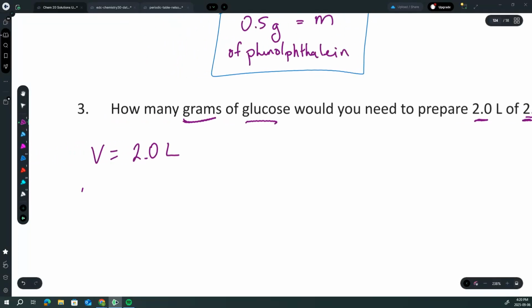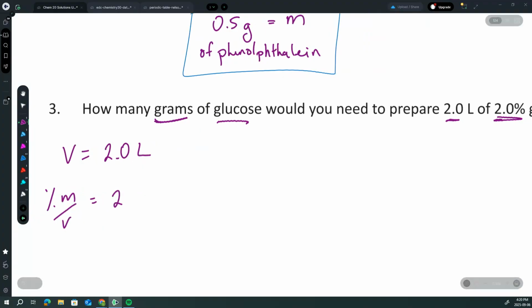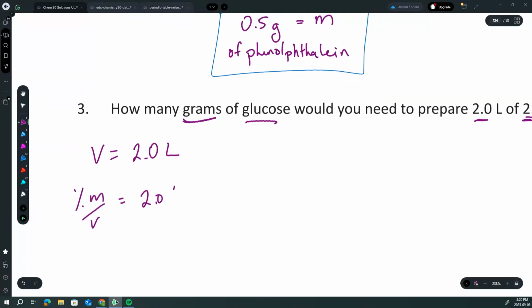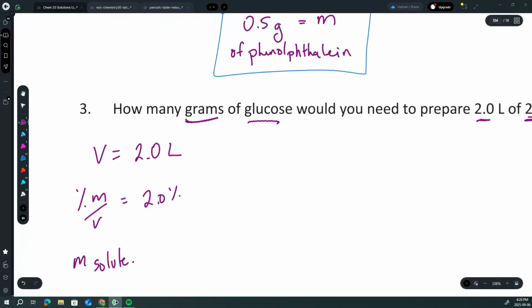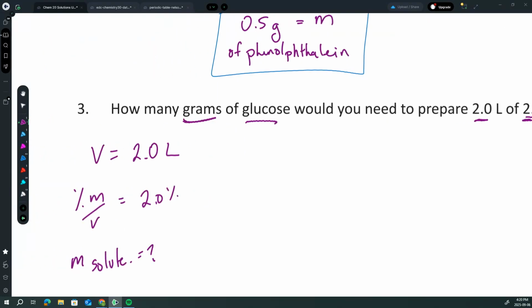And then we have our percent mass by volume is that 2%. And we are looking for the mass of our solute, because glucose can dissolve in water, and we're assuming that water is our solvent.